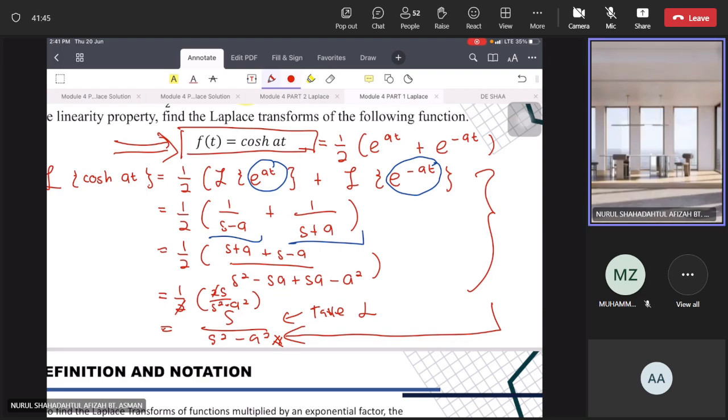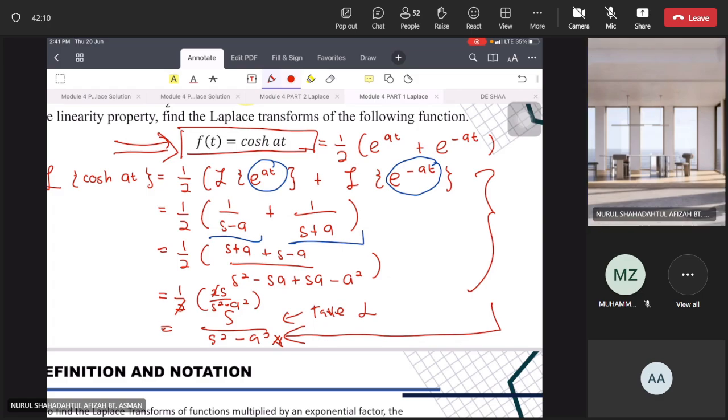But this one just has more to prove on how you get this answer from this one, ft equals cos AT, and then you get s over s square minus a square. So for the question, usually not this directly.